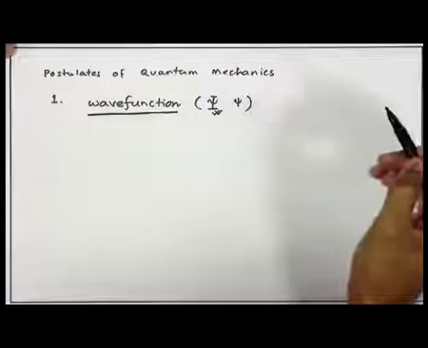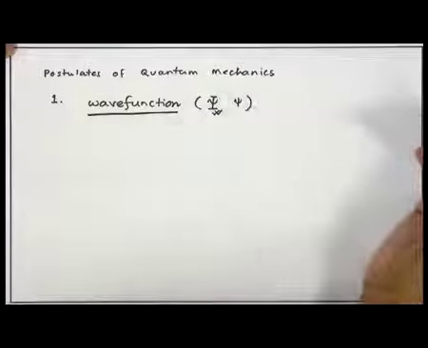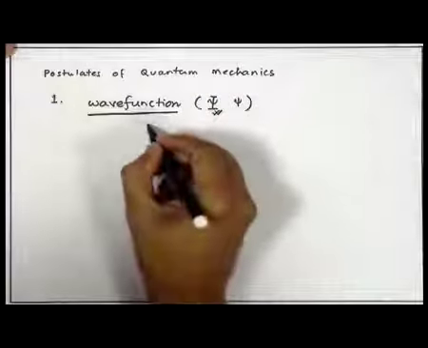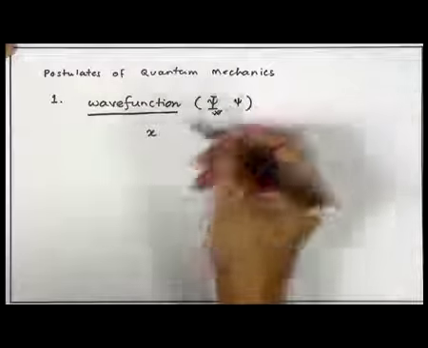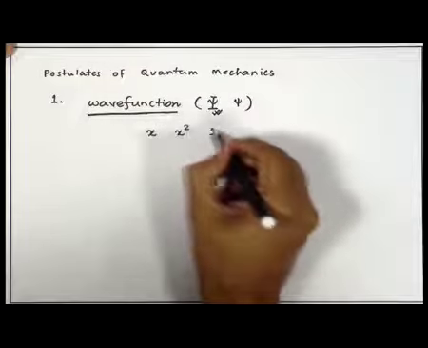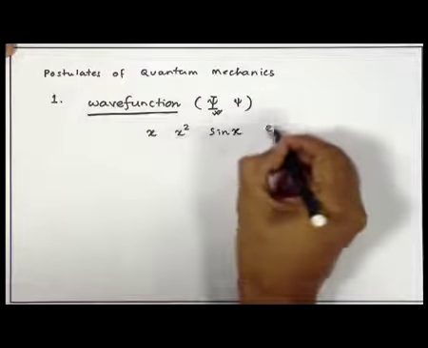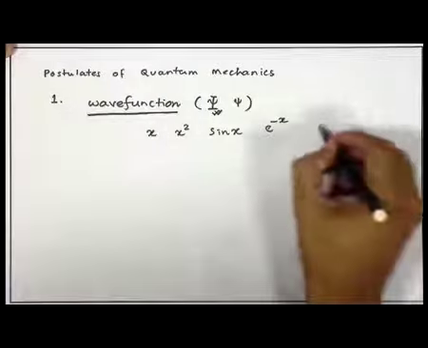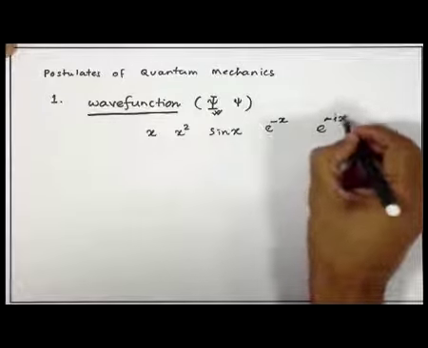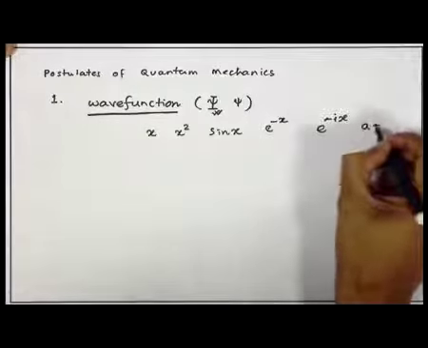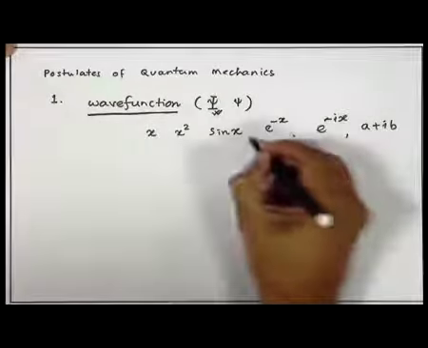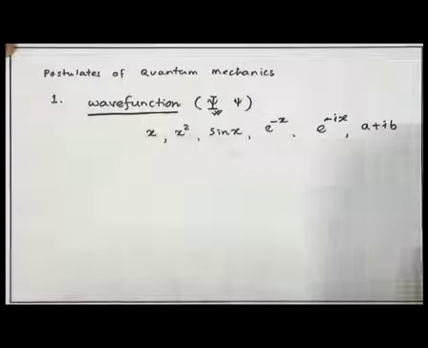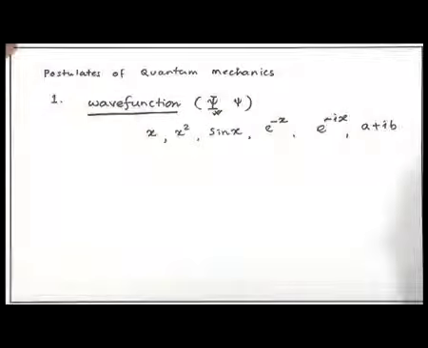This wave function can be a simple function. Let us say it can be as simple as a function like x, or x squared, or sin x, or e to the power minus x. It can be real or it can be complex, like a plus ib, or it can be a combination of one or many of these functions.